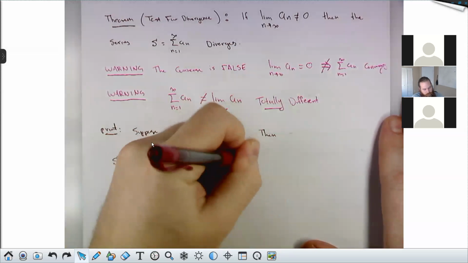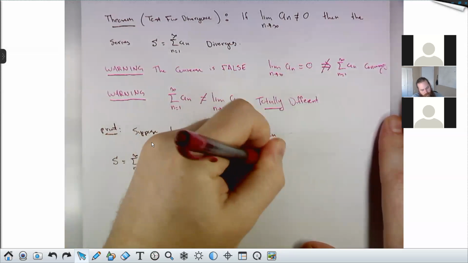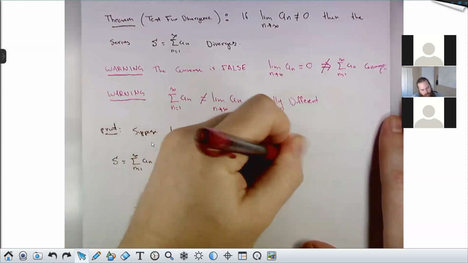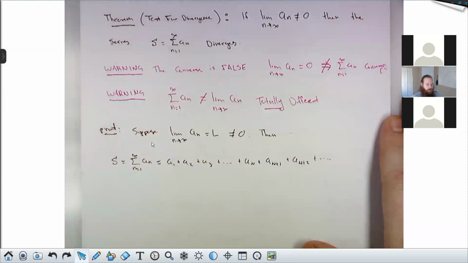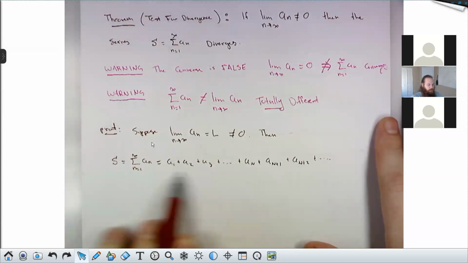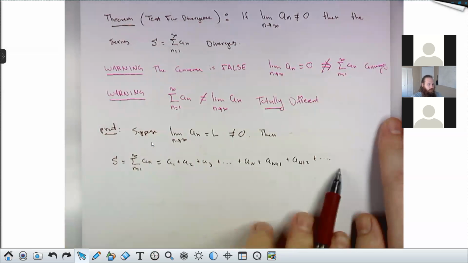We'll say plus AN plus A cap n plus 1 plus A cap n plus 2 plus and so on. What I'm doing here is I'm splitting it up into the first few terms plus what we call the tail.